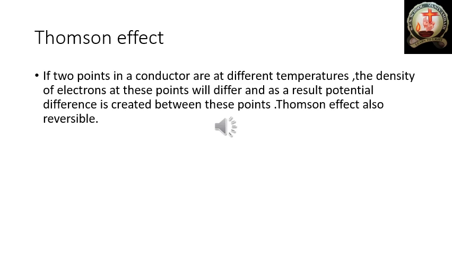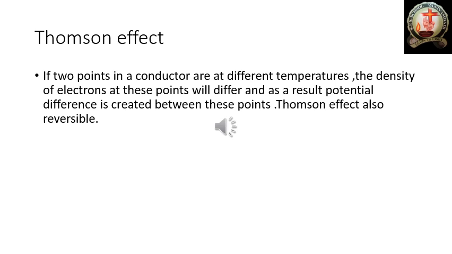So finally, what I taught here about the Thomson effect: we are considering one conductor, that conductor having two ends. The two ends we are considering as 2 points. The 2 points have some temperature difference. Temperature difference means one end having some temperature and another end having another temperature. I already gave the example, one end having 10 degrees and another end having 50 degrees.